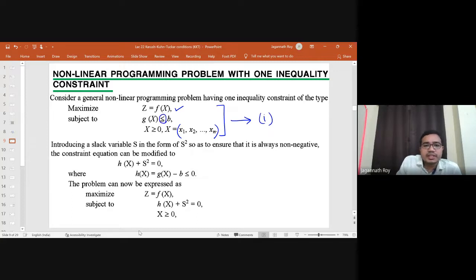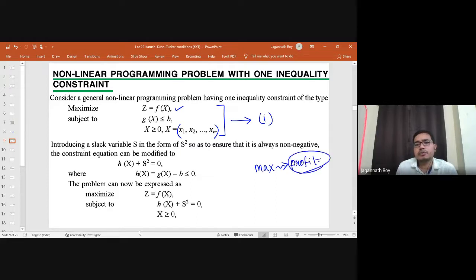By this time I think you have understood that a maximization problem will have less than type criteria, because maximization is like a profit function.